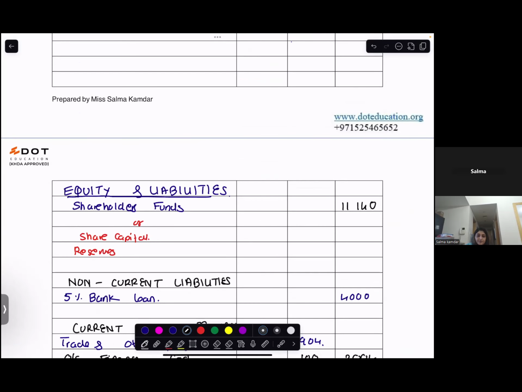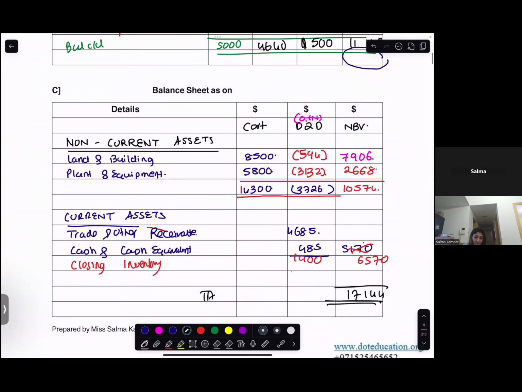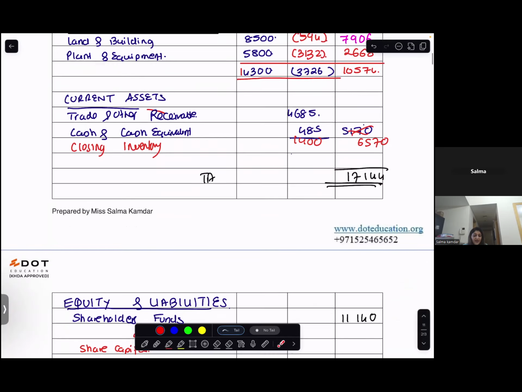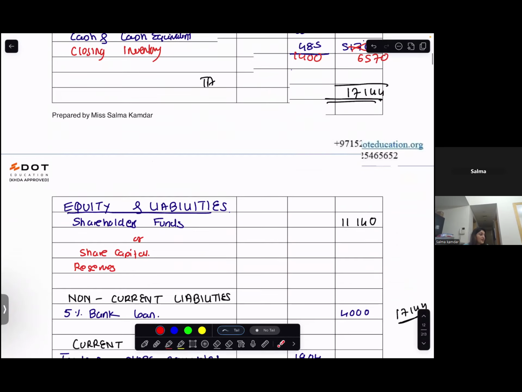Okay, so we forgot to include our closing inventory, 1,400, in our current assets. If I include my closing inventory of 1,400 in my current assets, my total assets would be the non-current assets plus the current assets, which gives me total assets of 17,144. Total assets must always be equal to my total equity and liabilities.